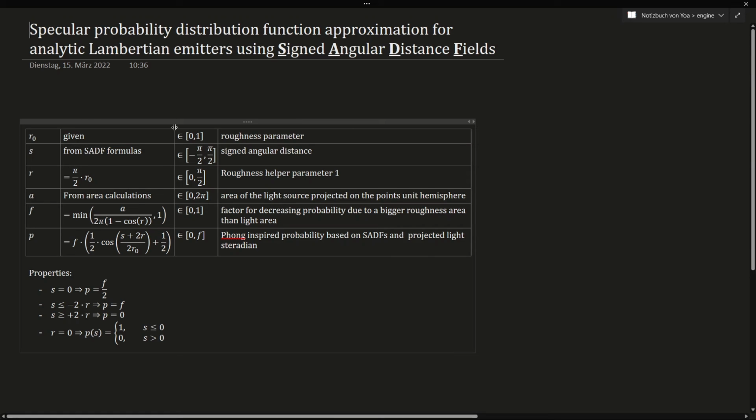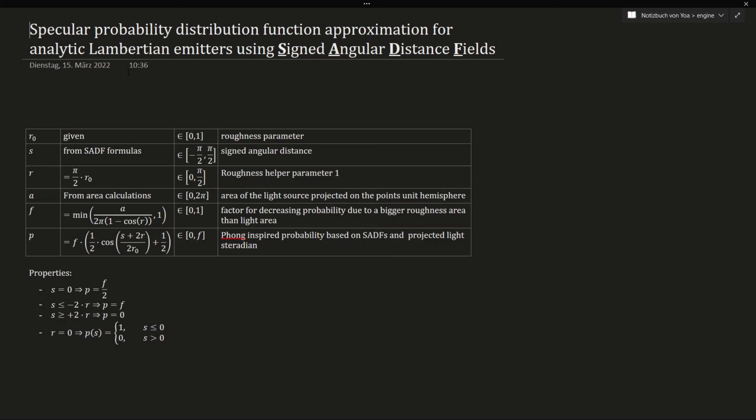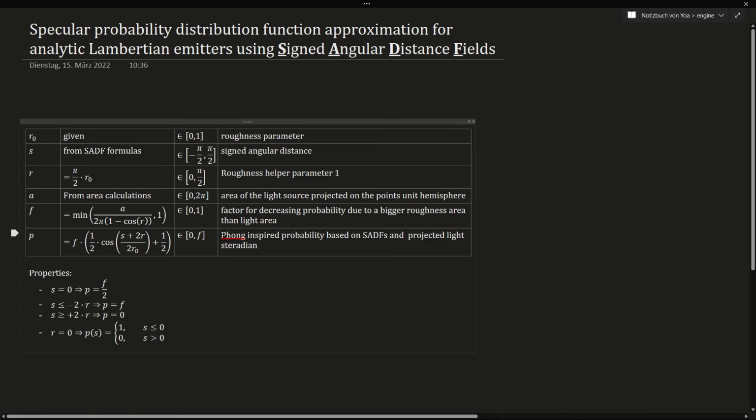Actually, this part of the mathematics is the only part which is not physically based. It is more a conceptual model, inspired by Phong, which I changed and extended in a way that it can now handle arbitrary Lambertian emitters as light sources for the specular term.